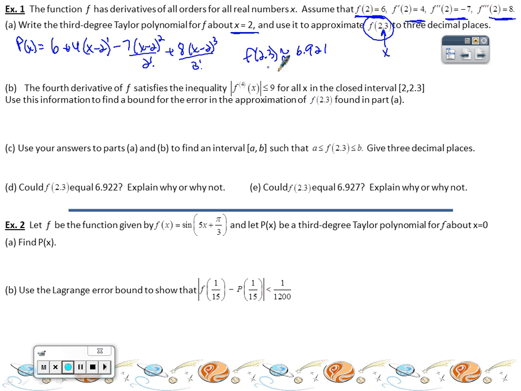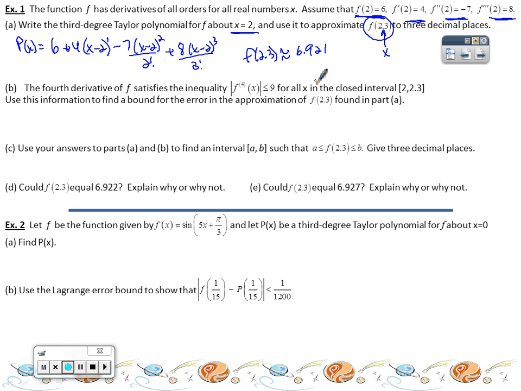Now, why is that a function approximation? Do I even know what the function is? No, I don't even know what it is. It's an approximation because I'm using the polynomial to find it. You could have easily said p of 2.3 equals 6.921. So either one of those would be fine.